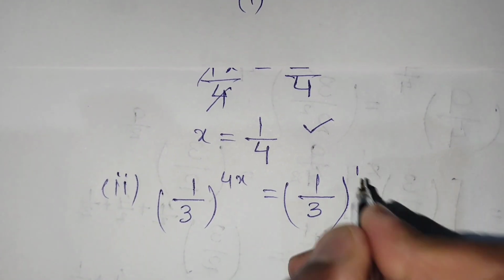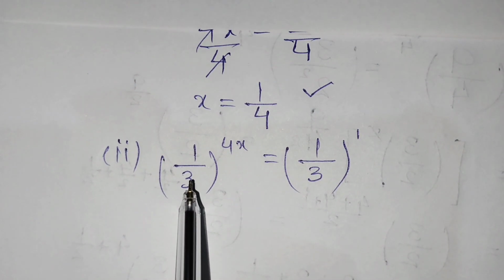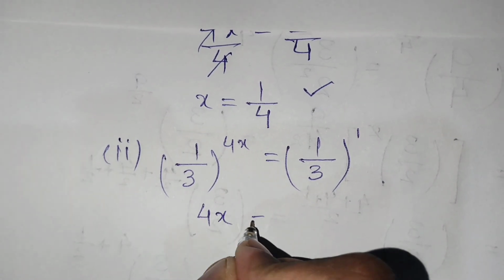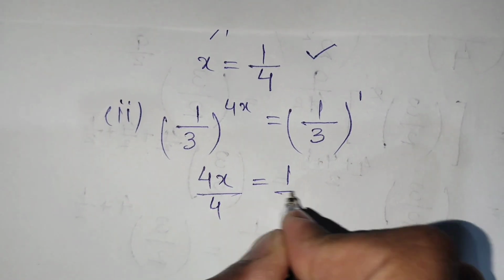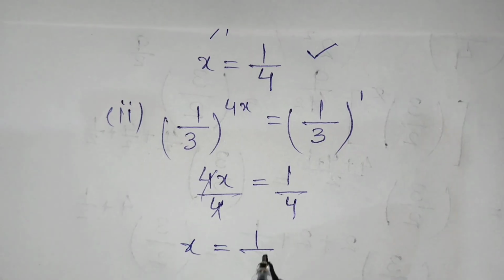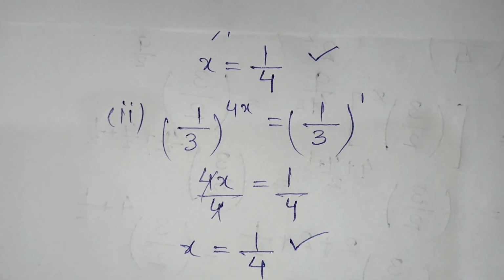This is also written as 1 by 3 raised to the power 1. So by comparing, we have 4x equals 1. Divide 4 on both sides. We get the same value of x equal to 1 by 4 as in case 1.